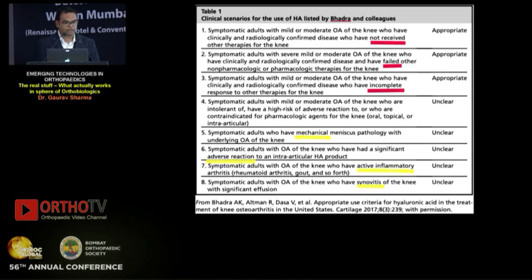So what they reckon is that viscosupplementation is appropriate if there is a symptomatic adult with mild or moderate osteoarthritis who has not received any other therapy, who has failed other therapy like pharmacological or non-pharmacological therapy, or who has had an incomplete response. But the evidence is unclear regarding patients who have mechanical issues like meniscus pathology, adverse reactions, active inflammatory conditions, and synovitis of the knee.